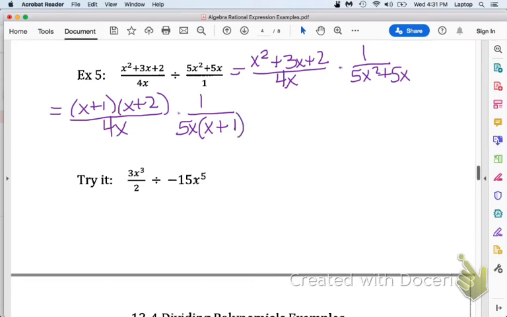Now I can cross-cancel the x plus 1 with the x plus 1. Ching, ching. Nothing else will cancel, so now I can multiply (x plus 2) times 1 all over 4x times 5x, which is 20x squared.